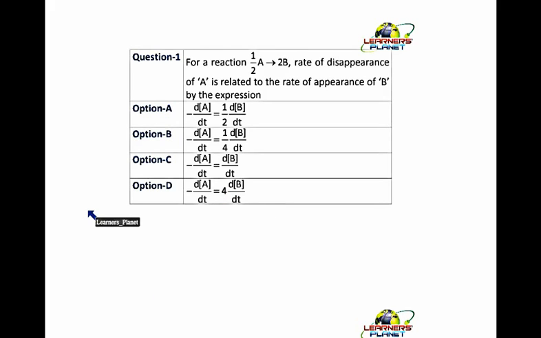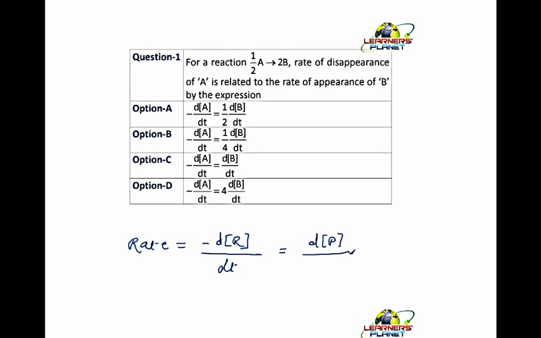Now students, you must be knowing how your rate of reaction is written. What is the rate of reaction? Your rate is equal to the small change in concentration of the reactant in a small unit time dt, is equal to the change in the concentration of product in small unit time dt.